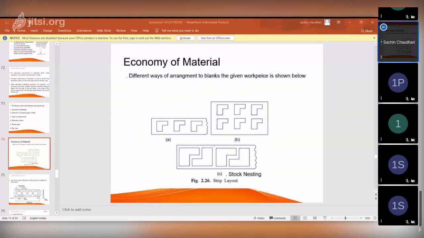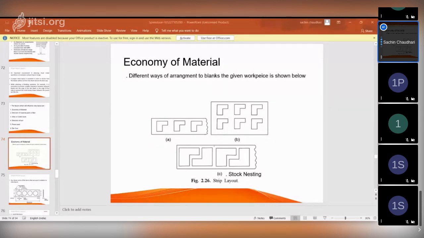Okay, and that's why it is called stock nesting. Here you will have to pass the strip through the die once, then you have to turn over that sheet, and again pass it through your die a second time. Okay, so the nesting considerably reduces the scrap, guys, compared to layout A and layout B.